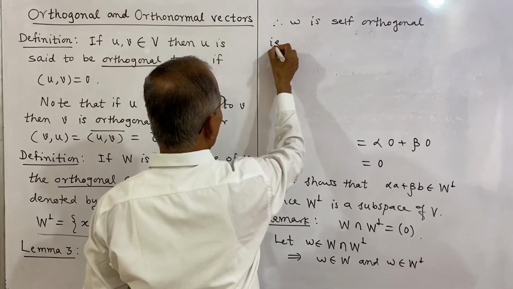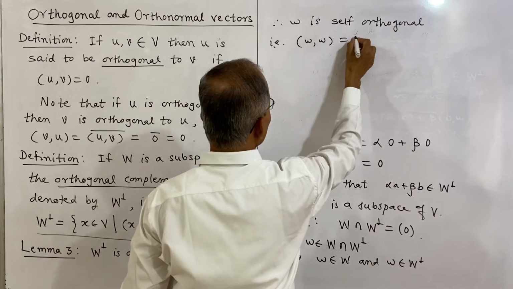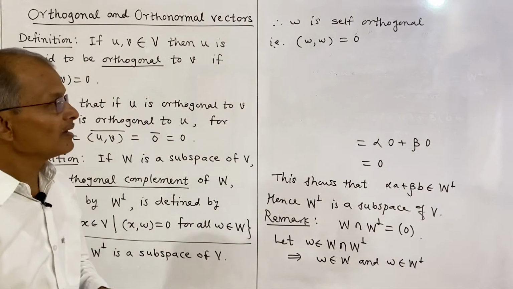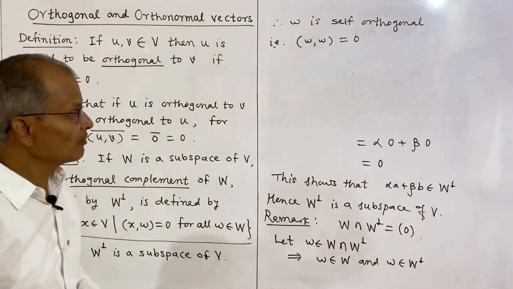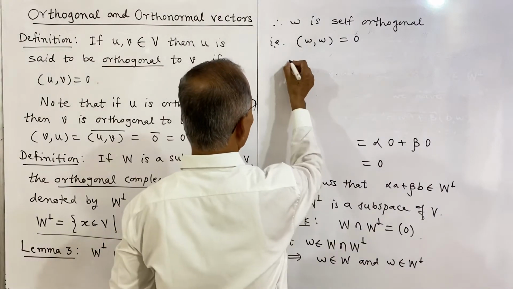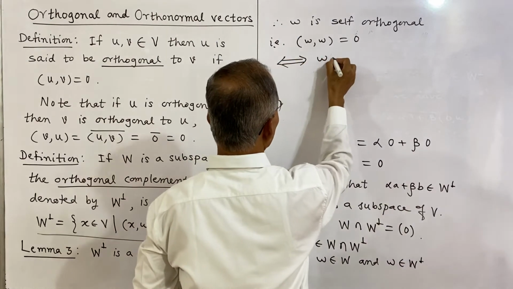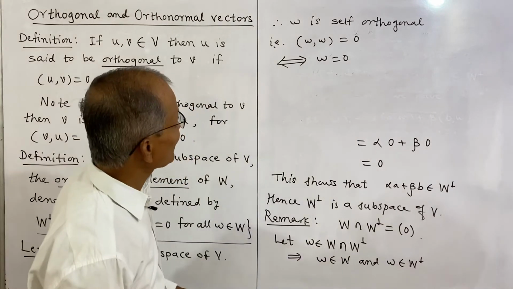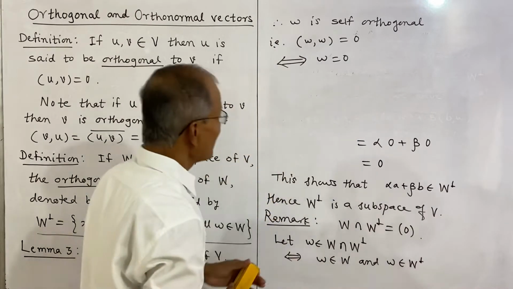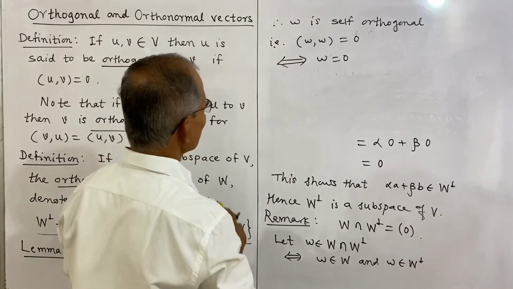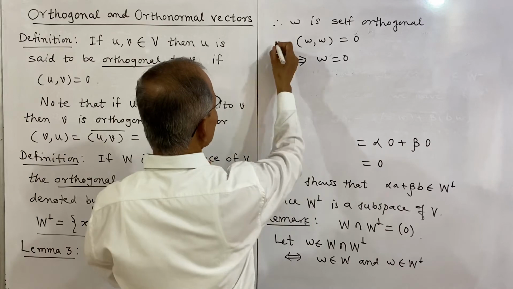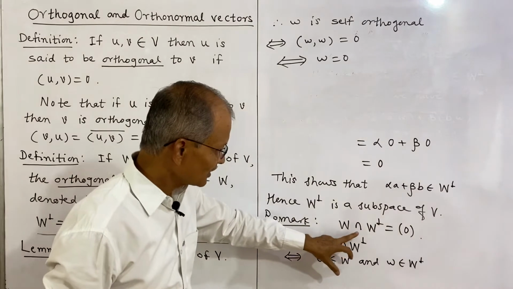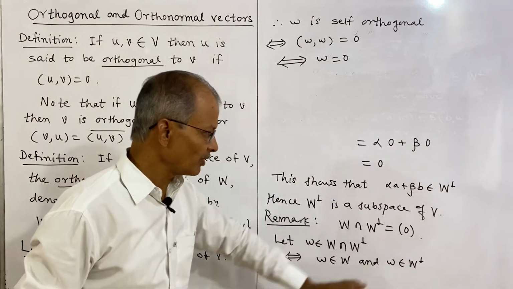That is, the inner product of w with w is equal to 0, and this we know by the second property of inner product implies w is equal to 0, w must be 0. So this implies, and is implied by, w equal to 0. We can write this as a double implication, and therefore w is 0, and thus the intersection of W with its orthogonal complement is 0.